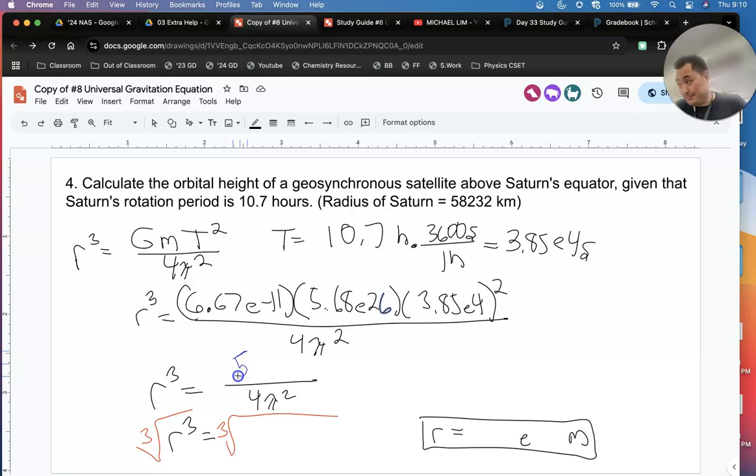Did you get a number? Yeah, make sure the square is at the end, because if you forget that, the whole thing is going to be off. Done? Well done.